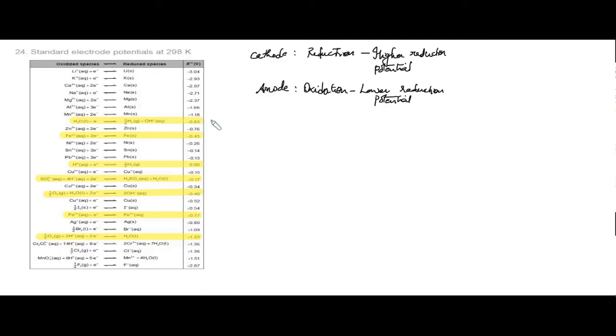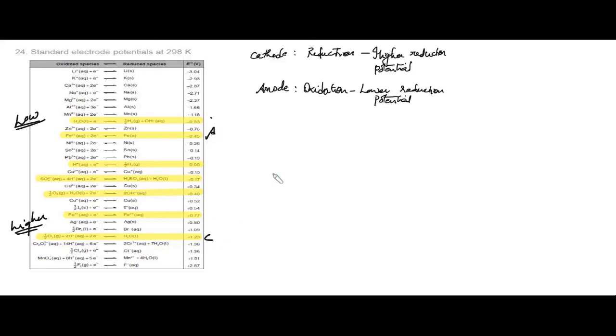We have low values at the top, and we have higher values at the bottom. So for the cathode, you may go with a bottom reaction, and for the anode, you may choose any one from the top section. So I'm going with this for the cathode, and preferably this for the anode.